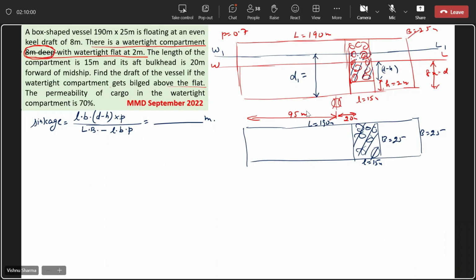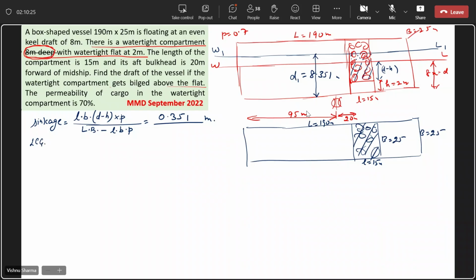While you're solving it. 0.351. Okay, very good. So that means D1 will be 8.351 meters. Okay. Now, next, we talk about LCG.